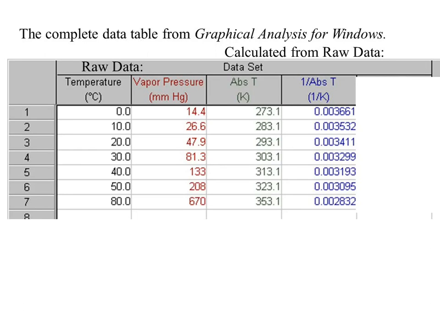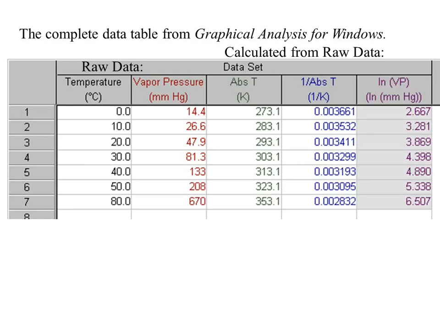And that's now ready for the x-axis. And then one more fix. We need to take the raw equilibrium vapor pressure and take the natural log of it. And that's what this is. This last column came from the second column, raw data, calculated. So that's going to go along our y-axis. And we're ready. So we just need to snag these and see what we got.